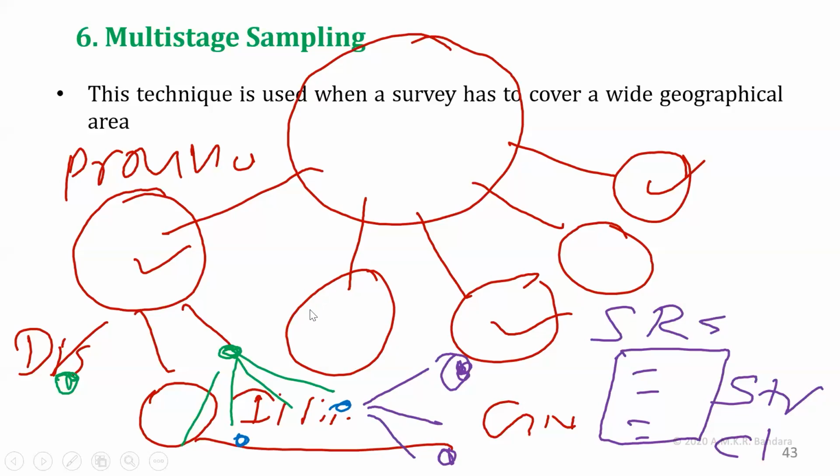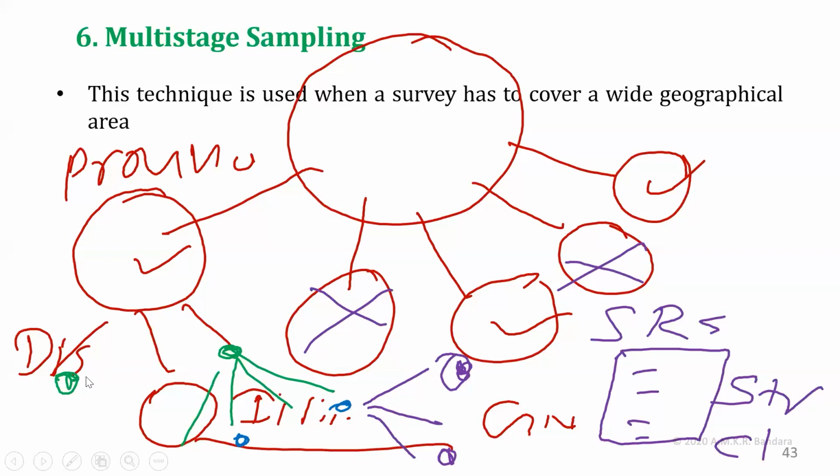Then it is not useful to select some farmers from provinces that do not have fish farmers. So those provinces can be eliminated, and we first choose the provinces that have fish farmers.